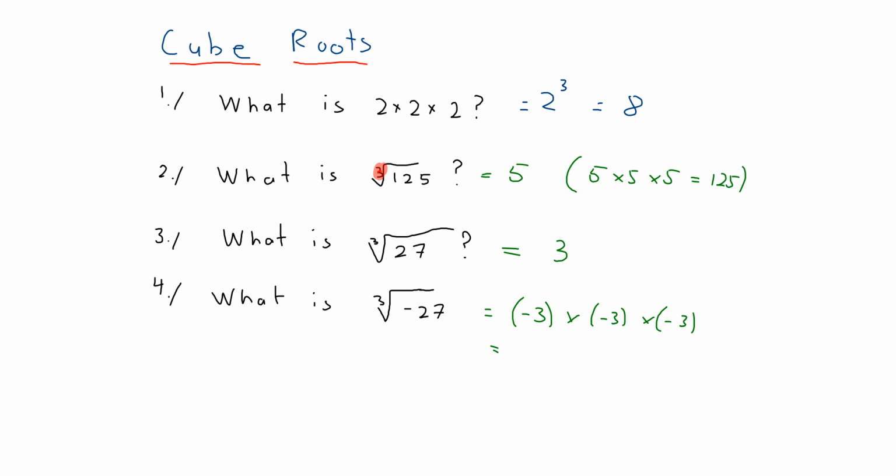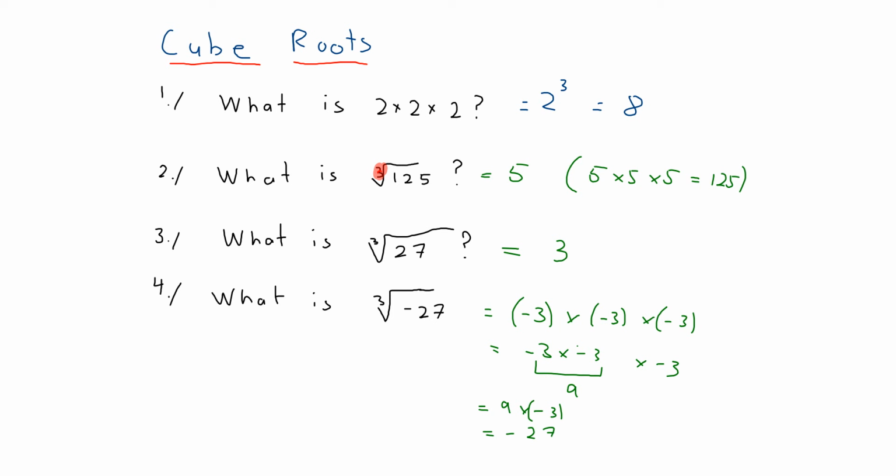Well, that's actually going to work because look, minus 3 times minus 3 is 9, and then I times that by minus 3, and there's that negative 27 just like I wanted, okay? So I can take a cube root of a negative number, just not a square root.